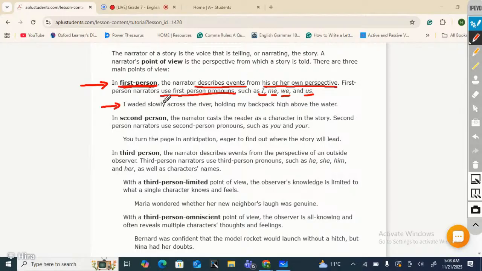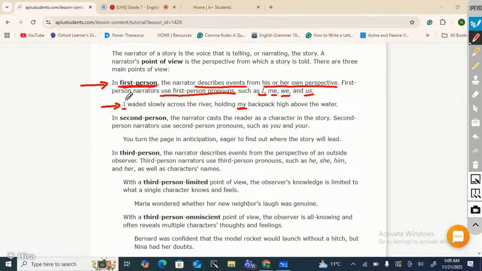Let's take an example. I waded slowly across the river, holding my backpack high above the water. Now, if you look at the text, the words I and my, the pronouns, suggest that this story is told from a first person point of view.